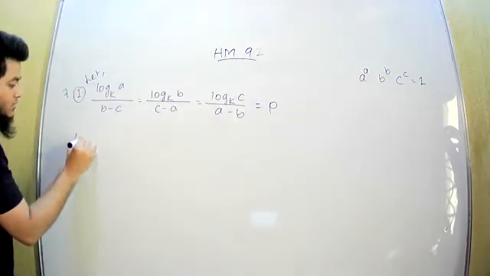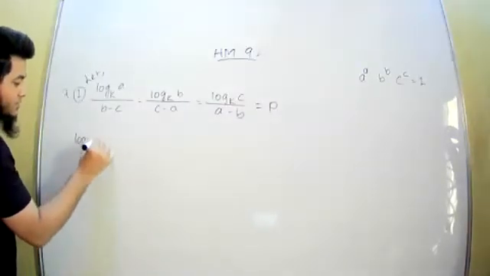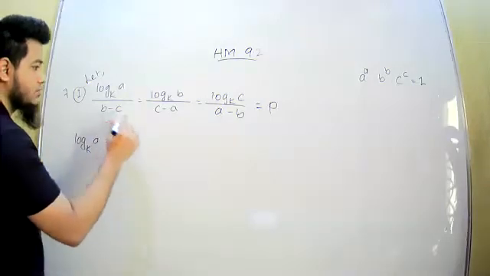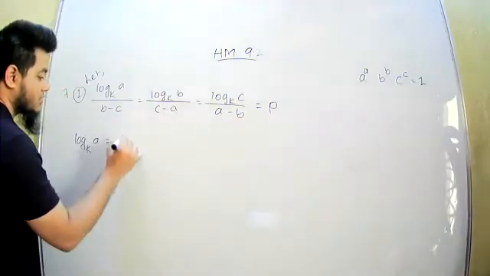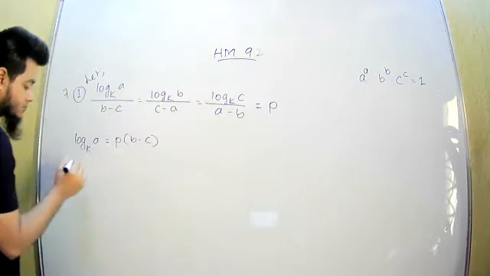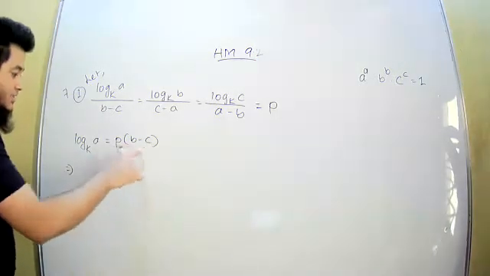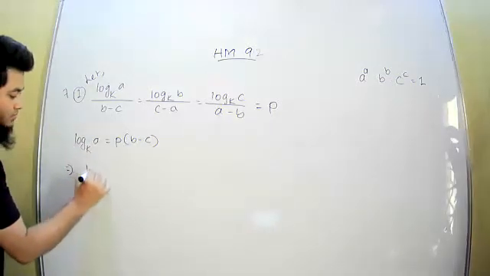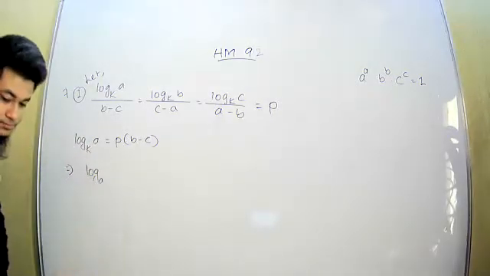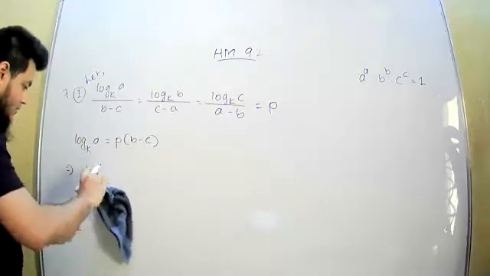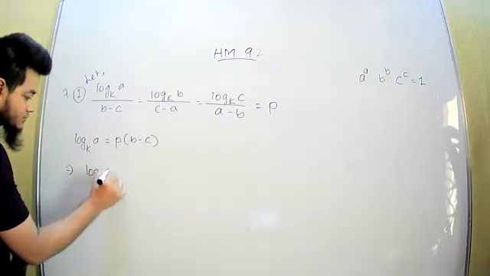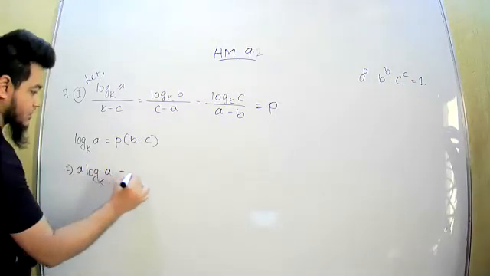So if I cross multiply, log k base k will give us b minus c. If you cross multiply with p, it will give you b minus c. Then as a is missing here, we will multiply a on both sides. Remember these tricks.